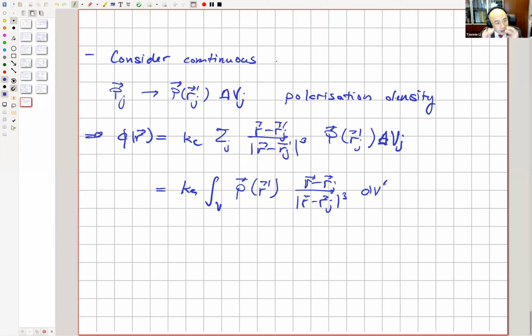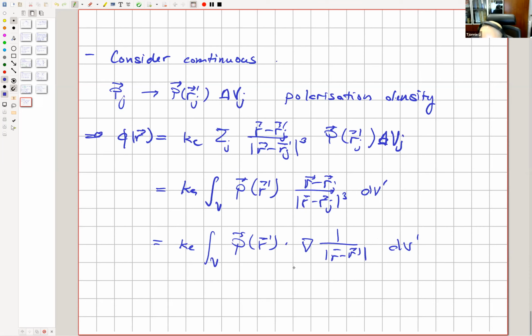I'm going to use a slight trick where I rewrite this (r minus r') over |r minus r'| cubed. I can show that I can write this as the gradient of 1 over |r minus r'|. So this is the same as ke times the integral of P(r') dotted with the gradient of 1 over |r minus r'|, dV'.